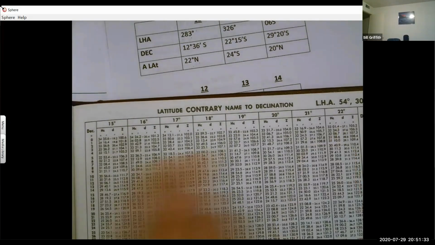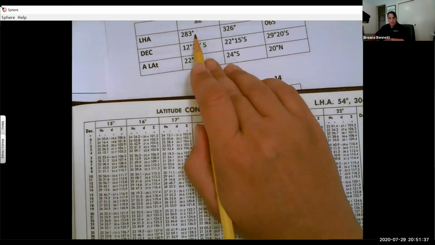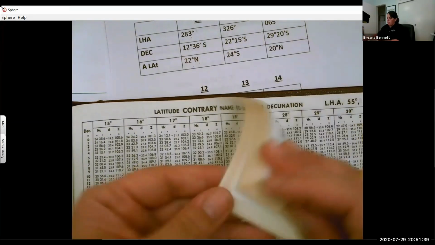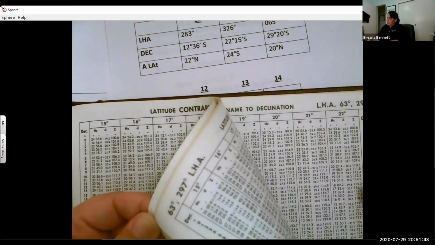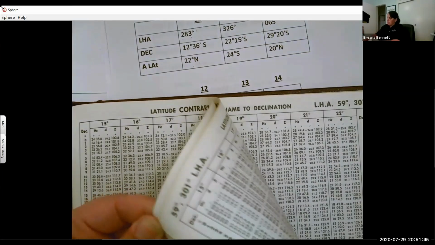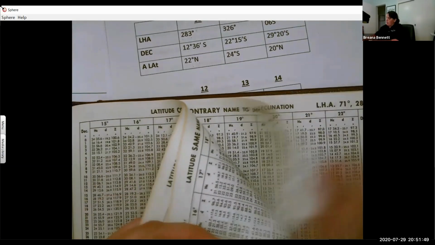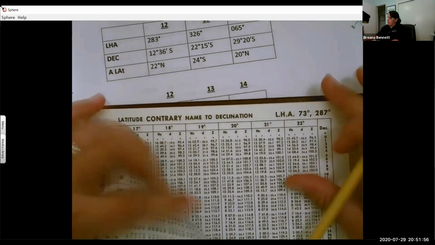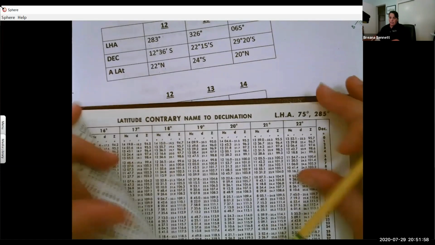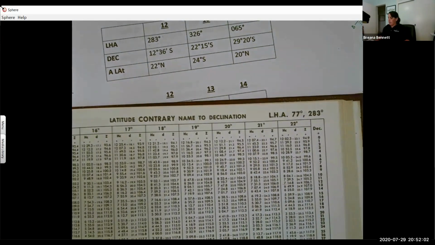So I'm going to be in the first half of the book, and I'm looking for an LHA of 283. So I'm going to flip through the beginning of these pages. There's 297. Looking for 283. All right, so here's our 283.